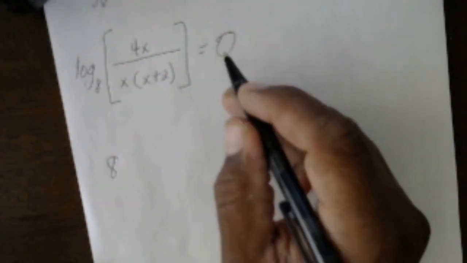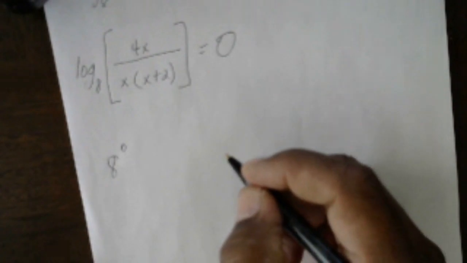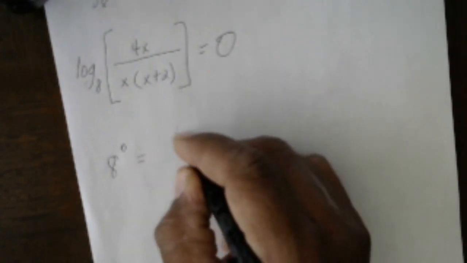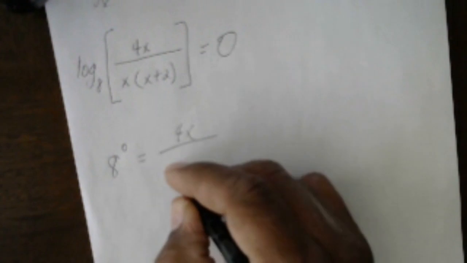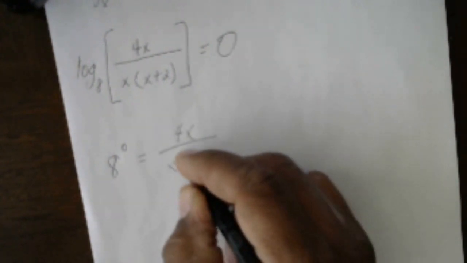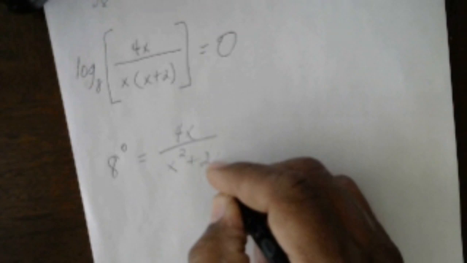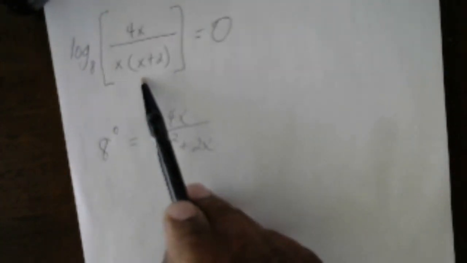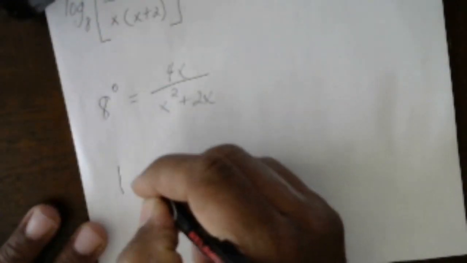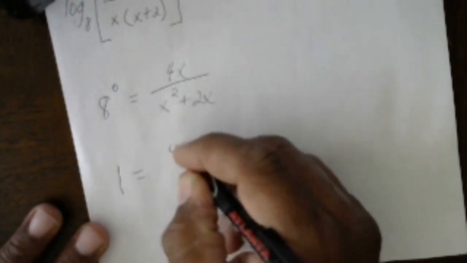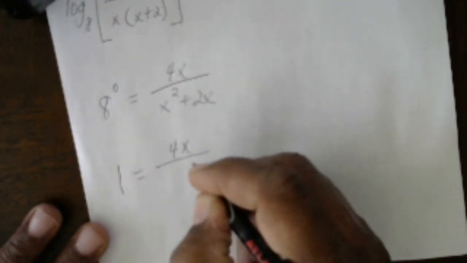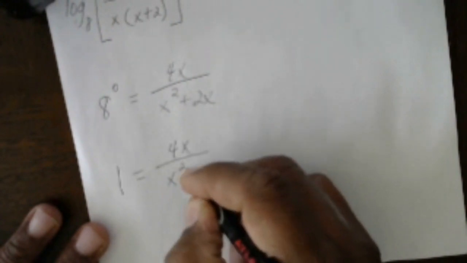I'm going to raise that to the 0 power and set that equal to 4x over x squared plus 2x. Right, so I've changed my log to an exponent. Keep in mind from your properties for exponents, anything to the 0 power is 1. So I'm actually going to write this as 1 is equal to 4x divided by x squared plus 2x.